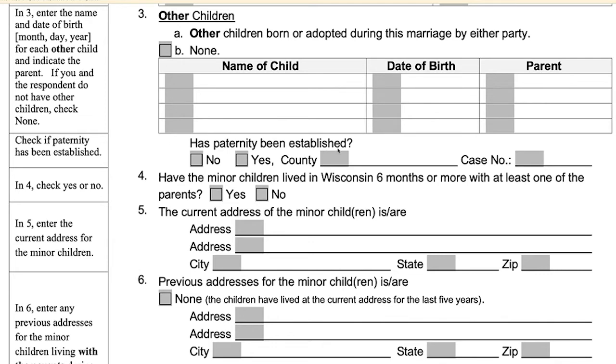Paternity can be established by court order or an order for genetic testing. These are different forms though. But if there's something pending in your county or another county, you're going to need to provide that information to the court.